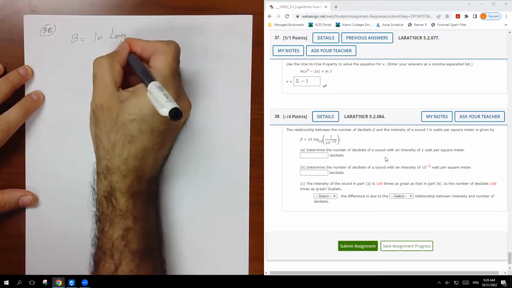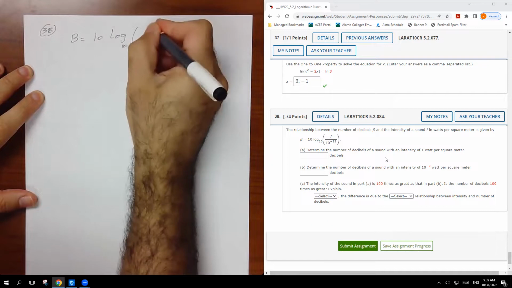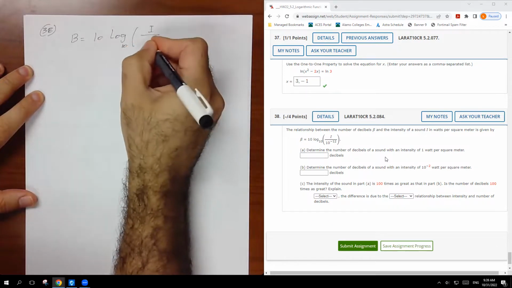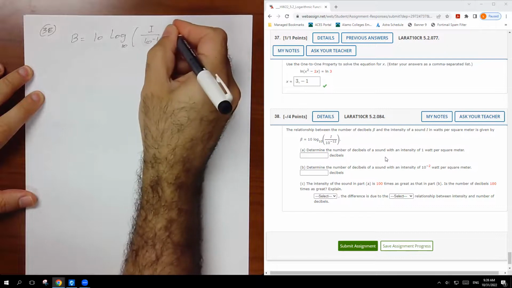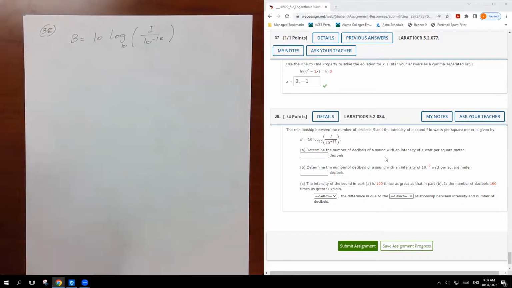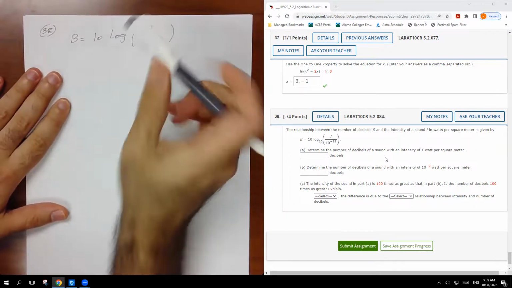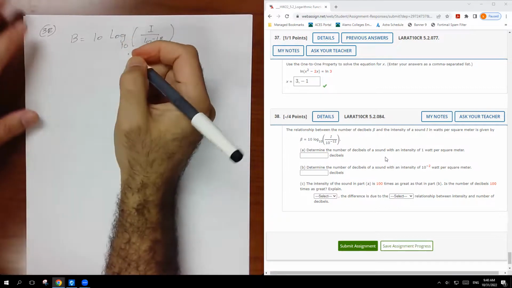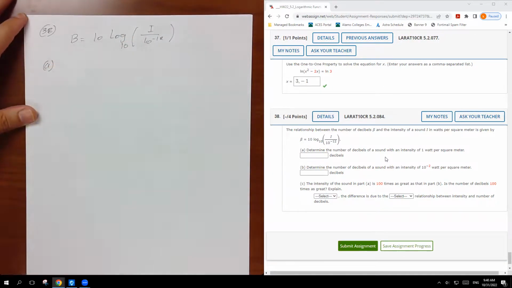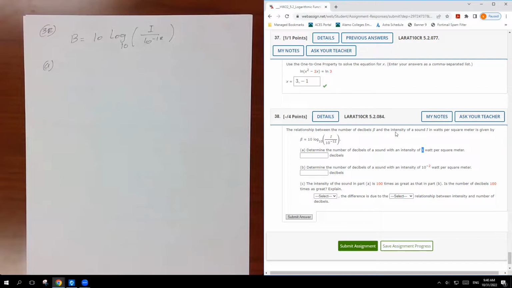They already gave you the function. The important thing is which number you're going to plug in for I. If you look at part A, they're telling you I is the intensity, which is 1. So we're going to plug in 1 here.